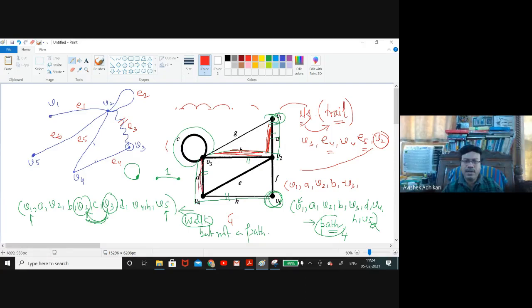Now it will be clear that this is an intermediate vertex, this is an intermediate vertex, and these two vertices are the terminal vertices. Though the degree of this vertex in the original graph is 2, in the subgraph, which is referred to as the path, the terminal vertices have degree 1 and each of the intermediate vertices must have degree 2. Okay, now it's clear, I guess.